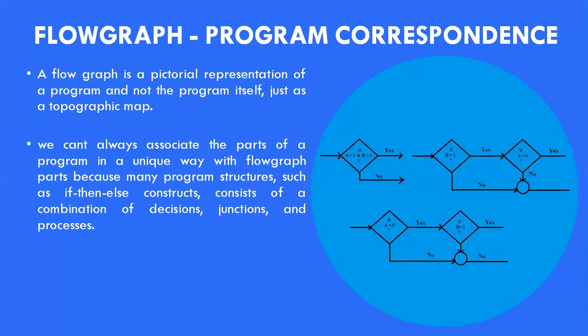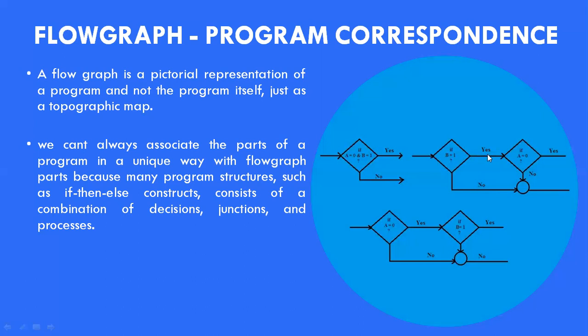An improper translation of a flow graph to code during coding can lead to bugs. And improper translation during test design may lead to missing test cases and cause undiscovered bugs. So for this logic, drawing a flow graph or a flow chart like this is good.